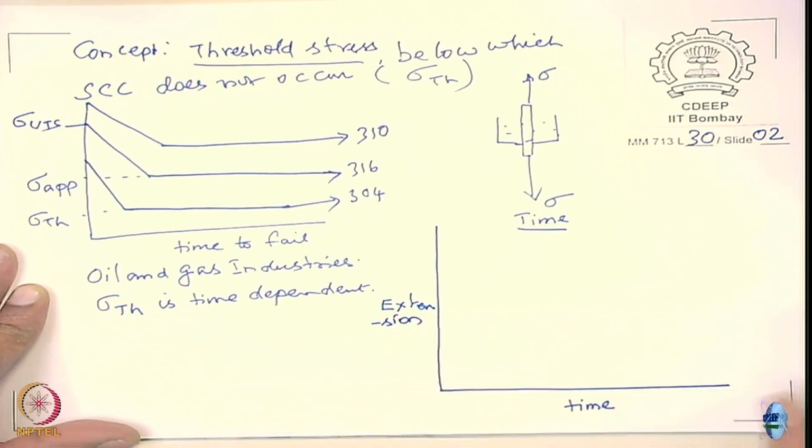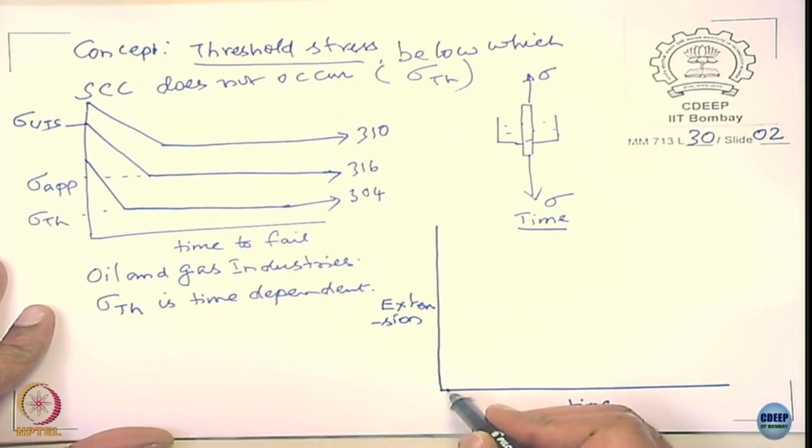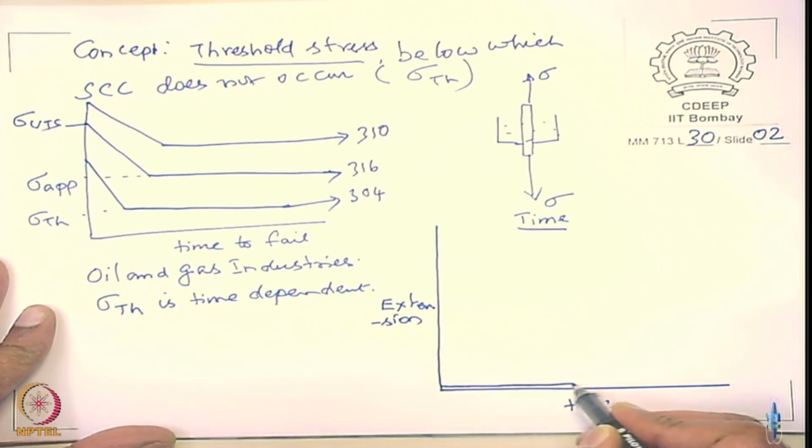You take a material and you apply a load, and then expose it to the environment, and you observe. You see that the extension does not happen for a long time.